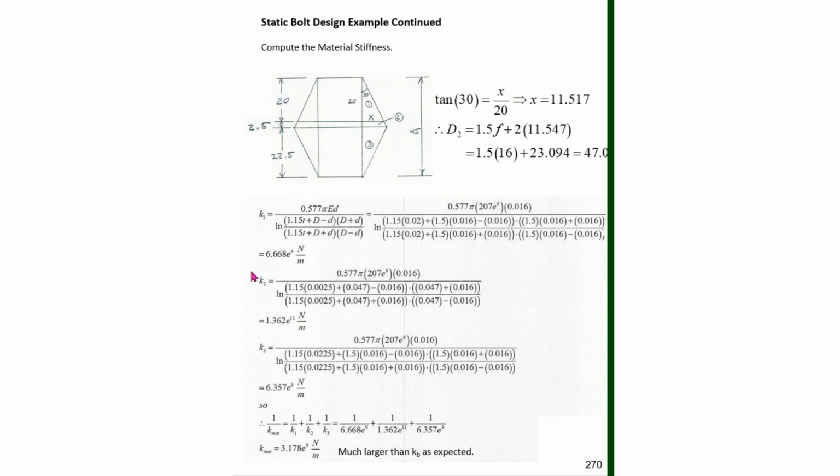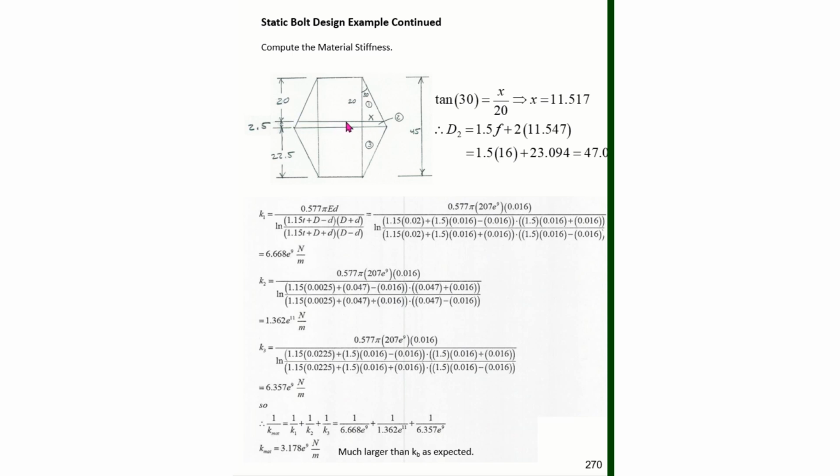Now I look at my second cone, and the second cone is given by this small little cone in here, identified by the circled number 2. And in order to compute K2, I have to compute big D for this cone. And again, big D is the smallest side of the cone.